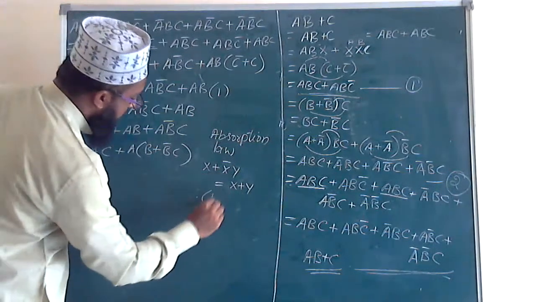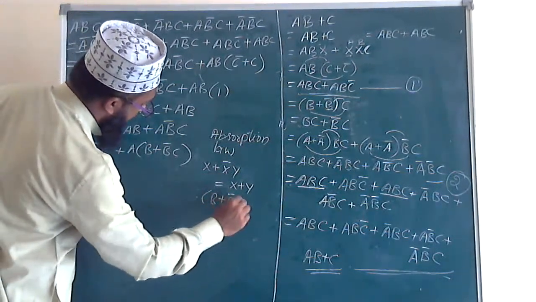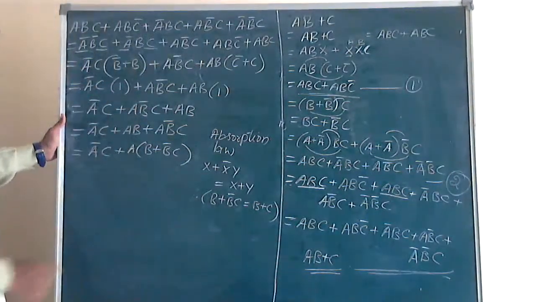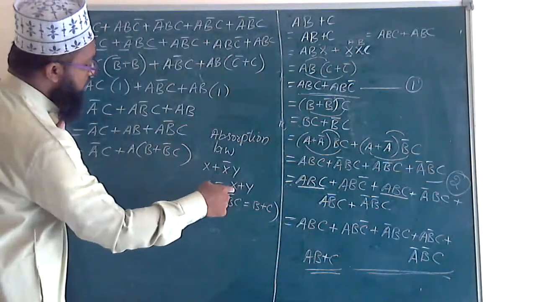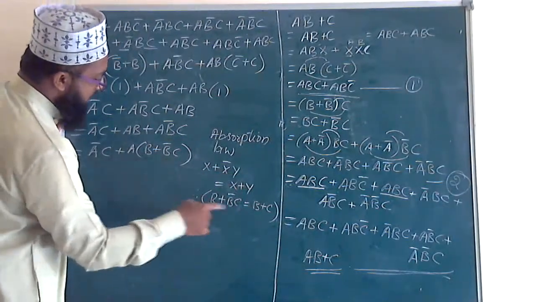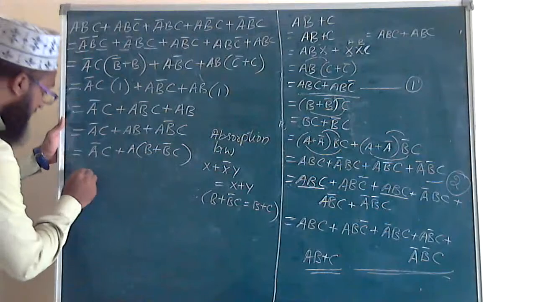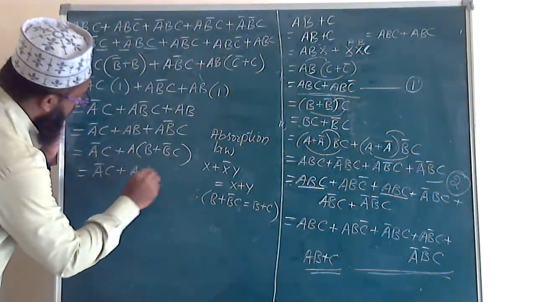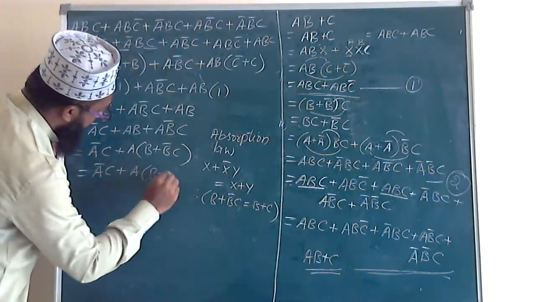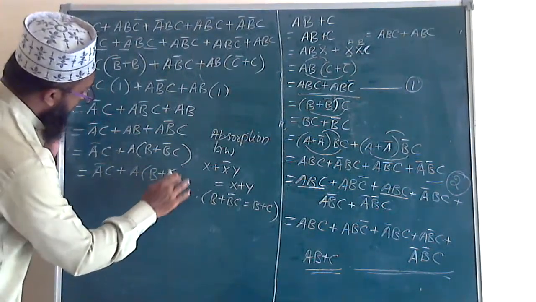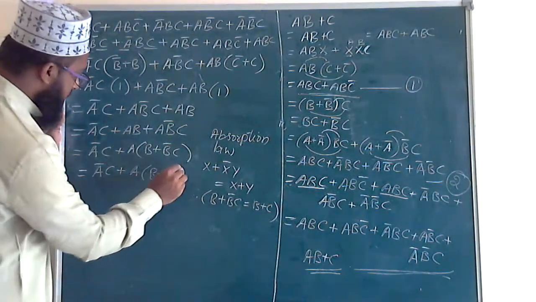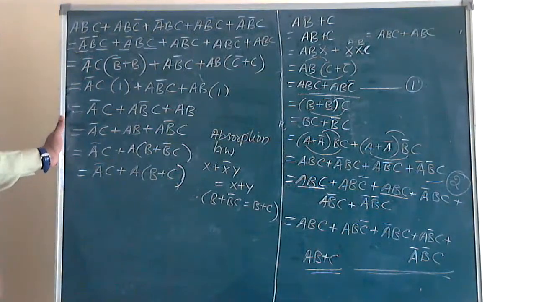So therefore, B plus B bar C is equal to B plus C, which is equal to A bar C plus A into B plus C.